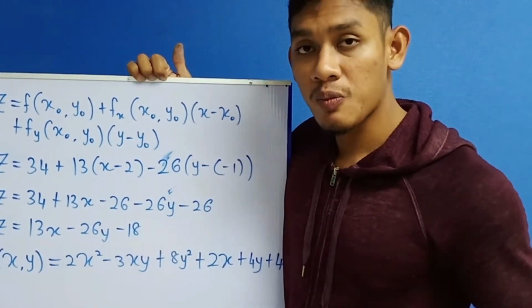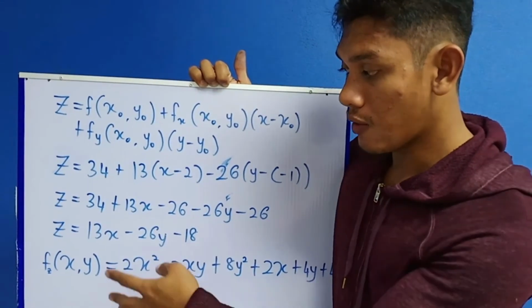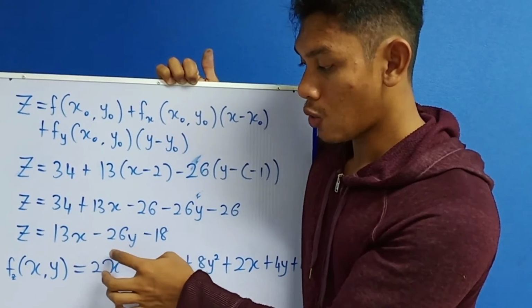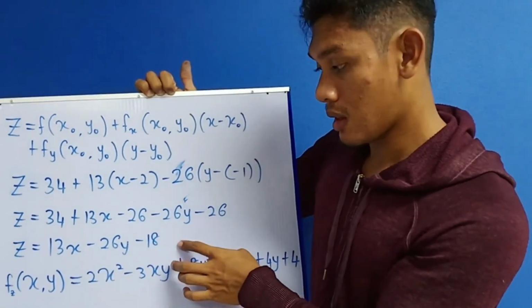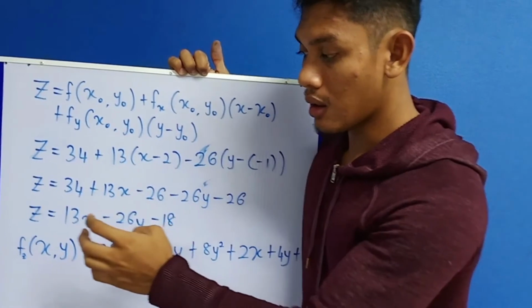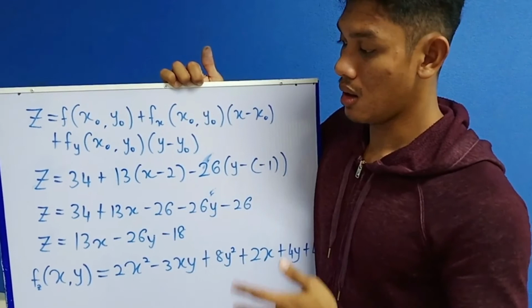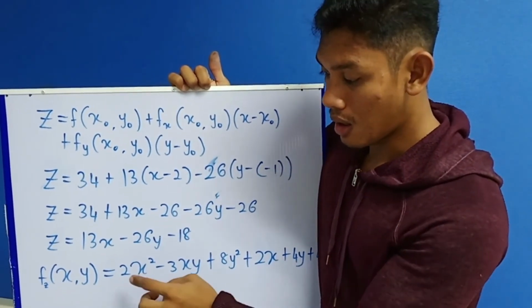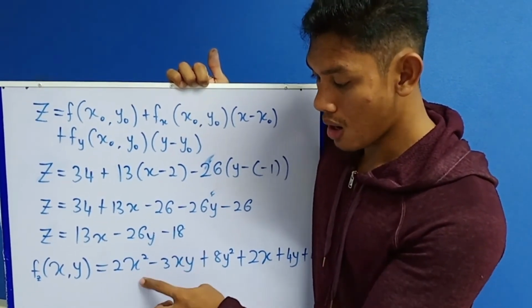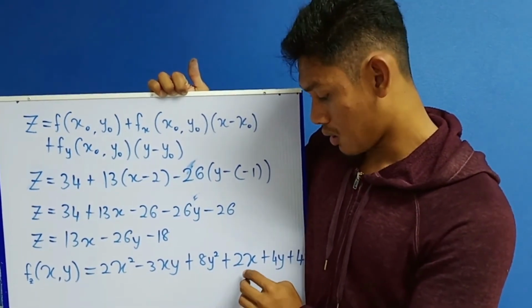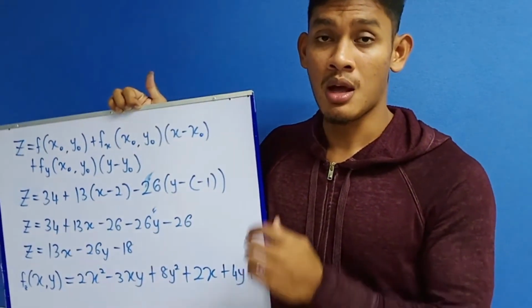After we expand this equation, we get z equals 13x minus 26y minus 18. Checking against the function, we got 2x squared minus 3xy plus 8y squared plus 2x plus 4y plus 4. So that is the solution for our question. That's all from me. Thank you.